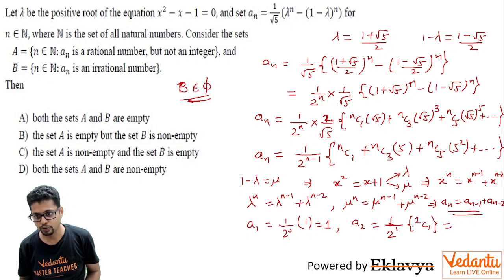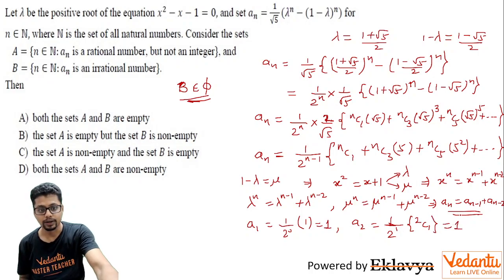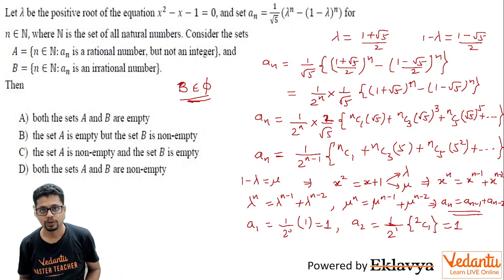So you get 2 by 2, which is again 1. What about a3? a3 would be 1 plus 1, which is 2. What about a4? a4 would be a3 plus a2, which is 2 plus 1, 3, and so on.